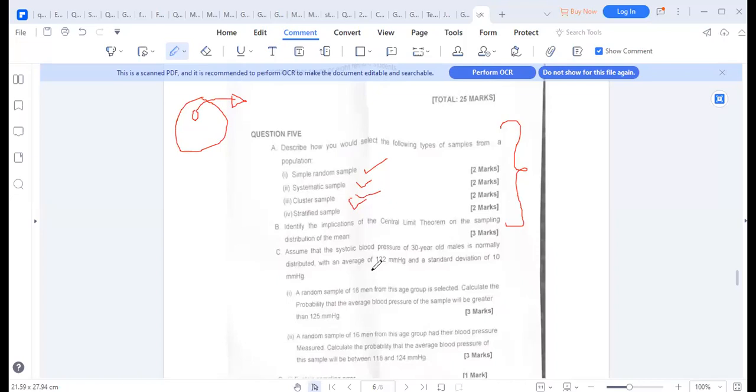I began by stating that the central limit theorem gives you the parameters upon which the sampling distribution will be selected.